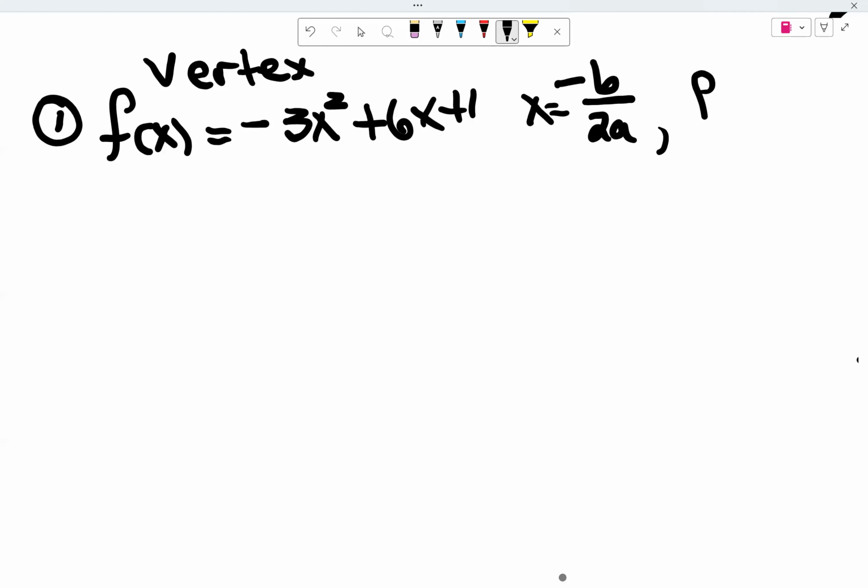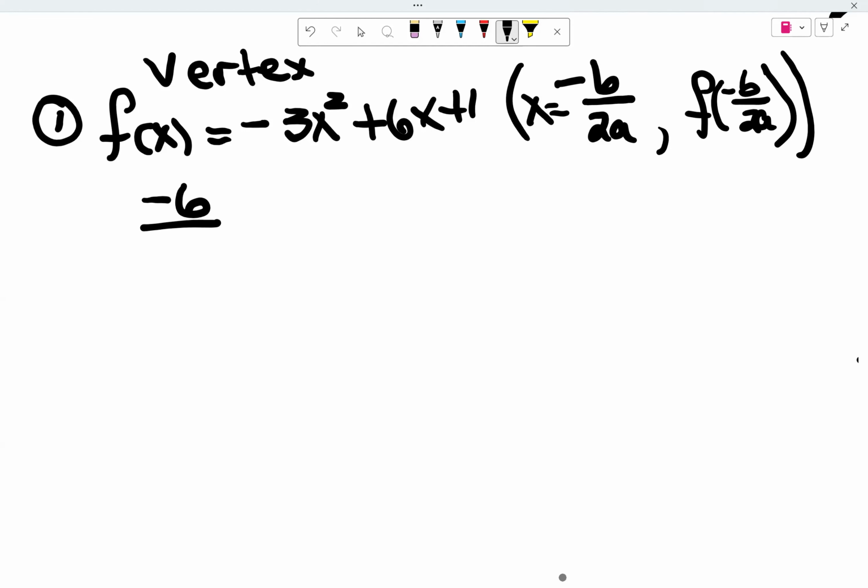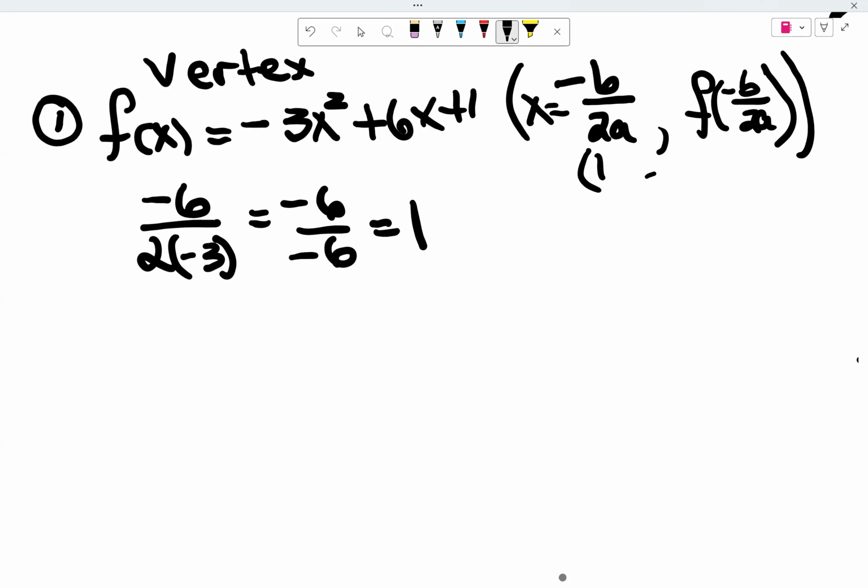If you want the y value, you have to plug in f of negative b over 2a and get the value, and that's your y. So in this case, we take negative 6 over 2 times negative 3, which gives you negative 6 over negative 6, which is equal to positive 1. So I have this as 1.